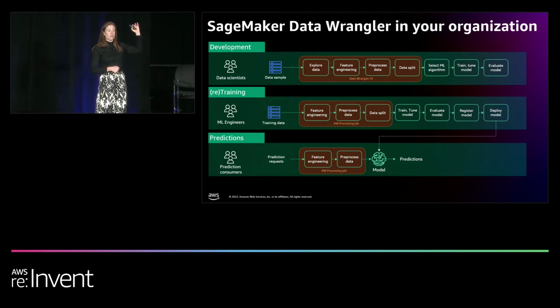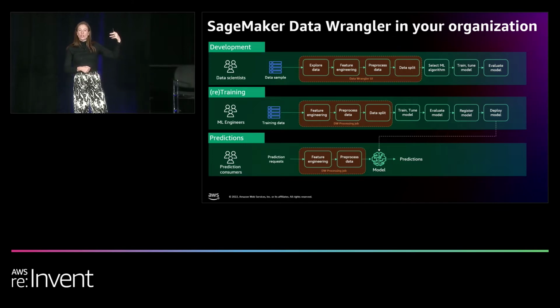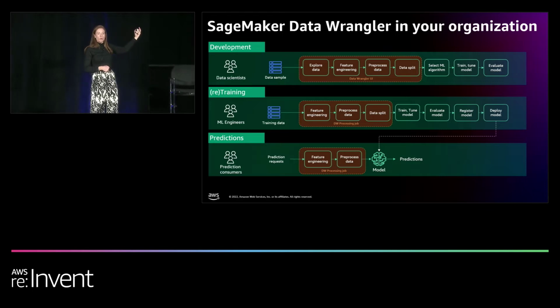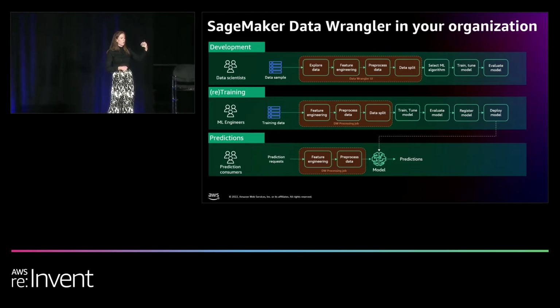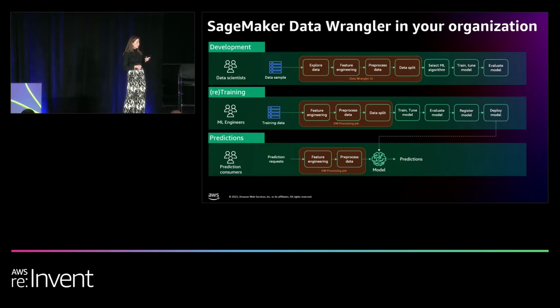You're benefiting from all of the interactive, experimental, visual preparation that you can do within the UI. And then in the training and the predictions workflow, when all you really want to do is replicate exactly what you did in your development workflow, you can just use a Data Wrangler processing job in those two workflows. So with that, I'll hand it over to Vadim, and Vadim will be doing a demo of Data Wrangler.